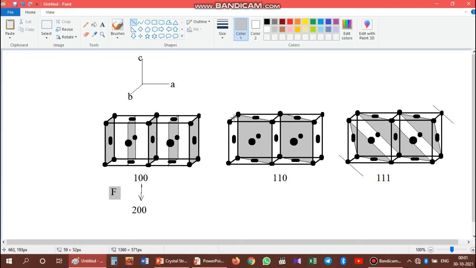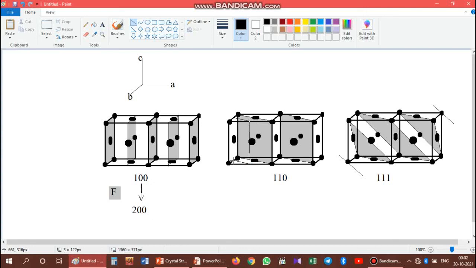Take this point, this edge, okay, and this is the middle point of the edge. This is the edge, this is the middle point of the edge. So just join here to here. Similarly here to here. Now this point to this point, join them.